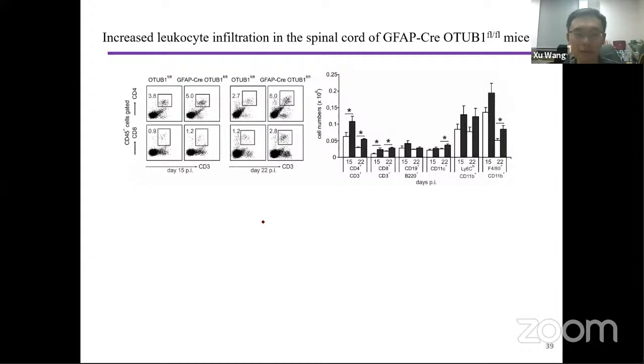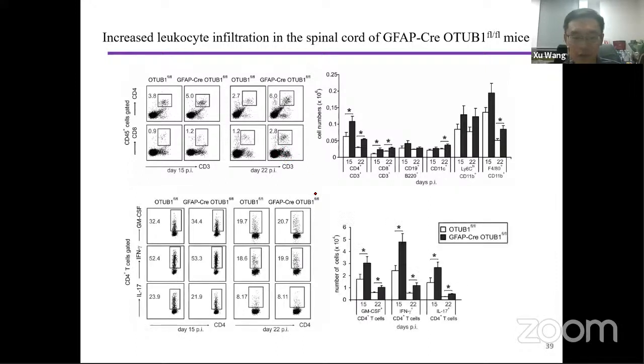Then we analyzed the infiltrating immune cells in the spinal cord during EAE, because in EAE mice, many immune cells invade the spinal cord to destroy myelin there. And we found that in astrocyte-specific OTUB1 knockout mice, there were more infiltrating CD4 T cells in the spinal cord.